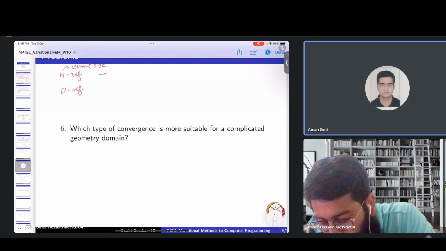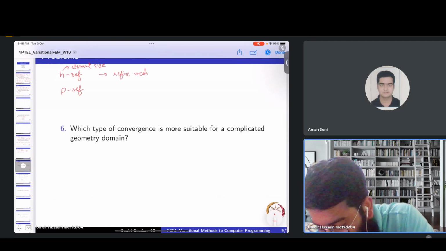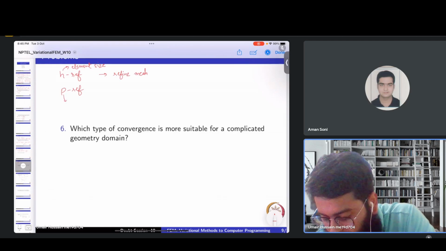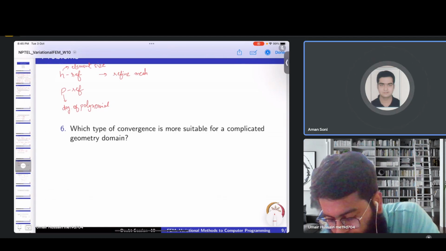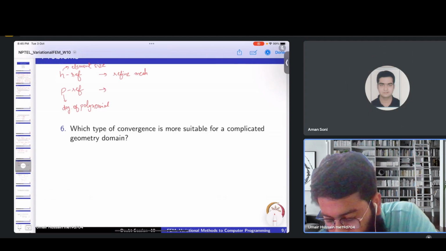And in P refinement, the P represents the degree of the polynomial which we use to approximate the solution. That is the degree of the shape functions. So P refinement means increasing the order of the shape function. Yeah.